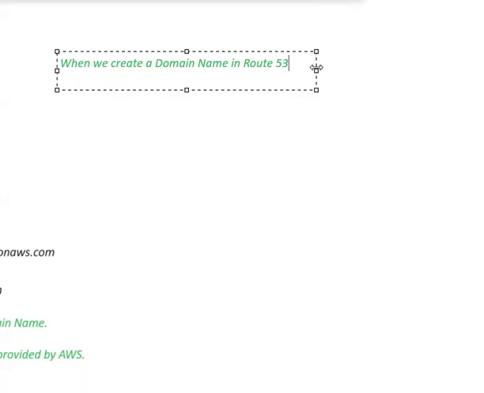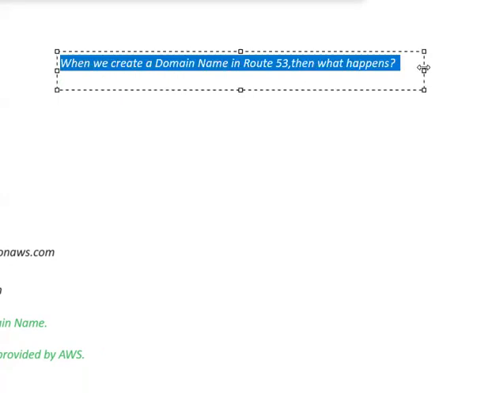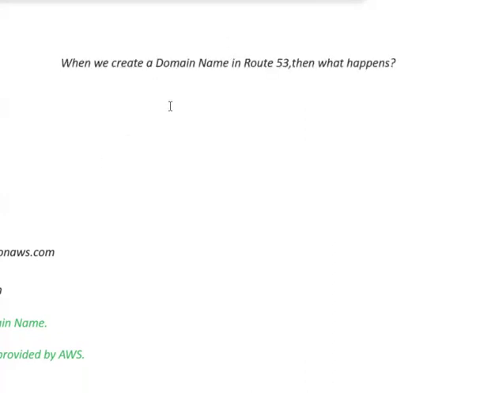So when we create a domain name in Route 53, what happens? It is the first question that we encounter now. Whenever you create a domain name, who is the authoritative person for your domain name's DNS?